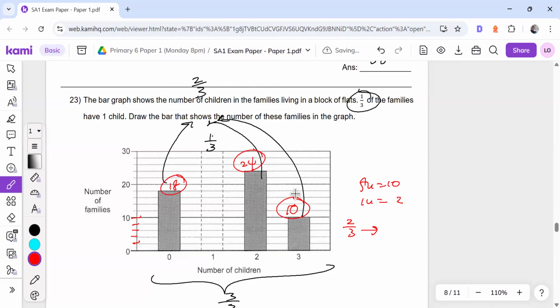So, how many is that? I think it's 52, right? And then after that, you find 1/3, and you will get 52 divided by 2, 26. So you will need to draw the bar that shows 26, which is here. Okay, so you have to draw the rectangle. So this is your 26 families who have only one child. Am I correct?